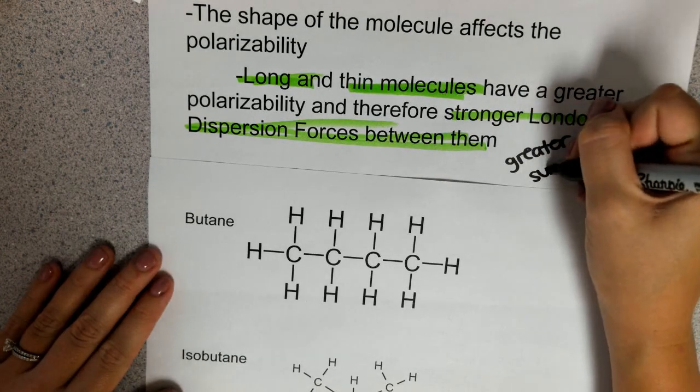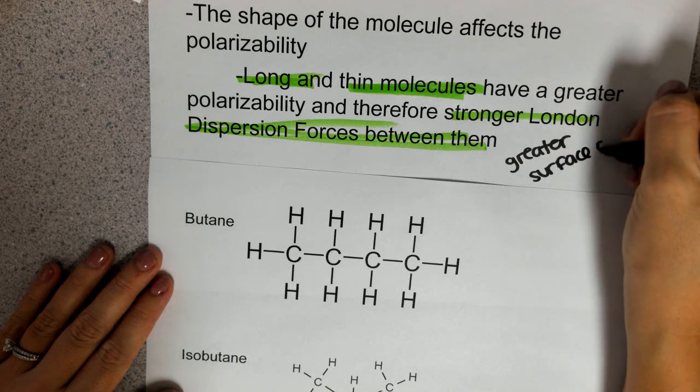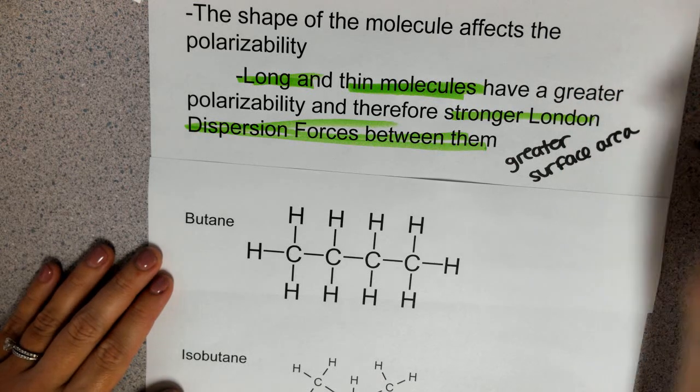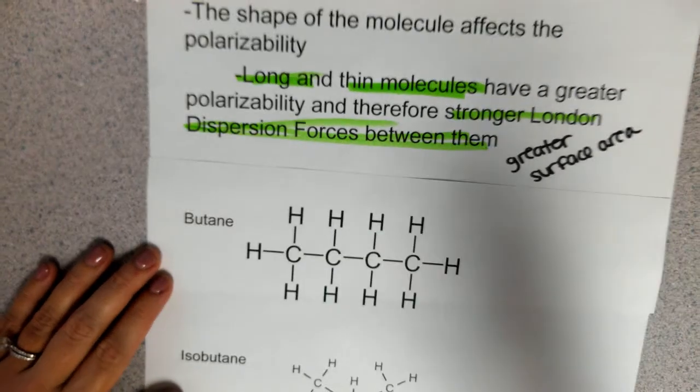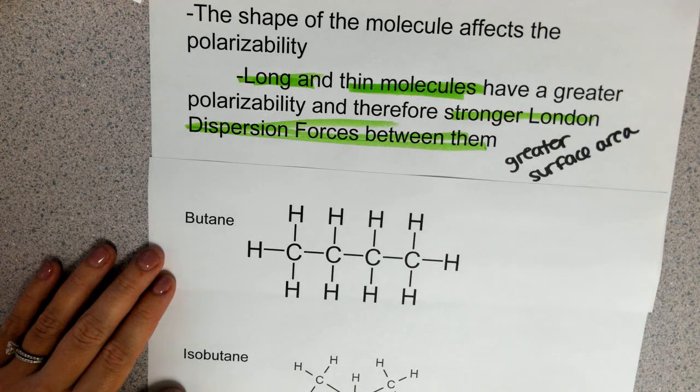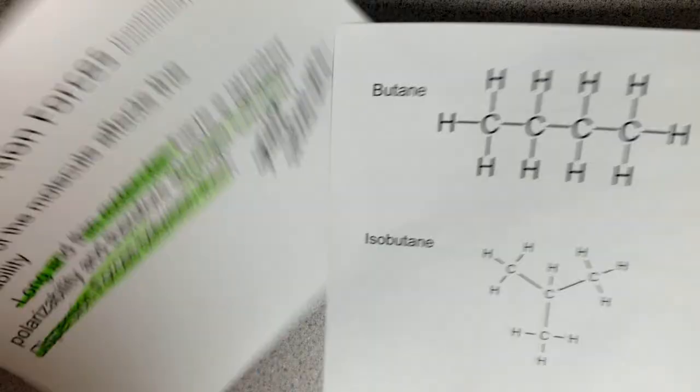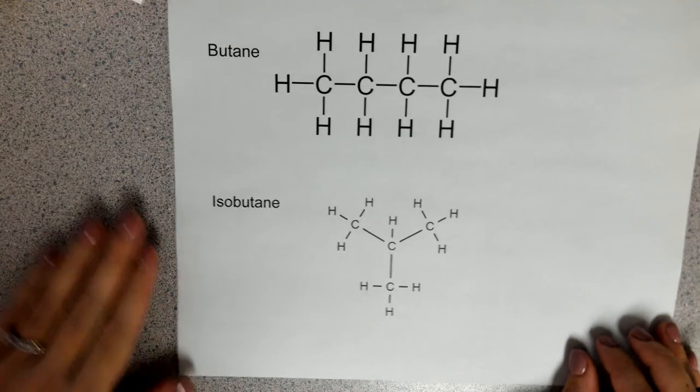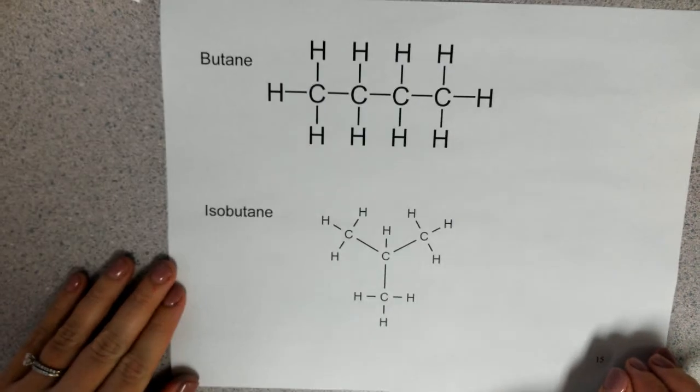And if there's greater surface area, then there are stronger LDFs, because there's more space for electrons to move around and induce dipoles. This picture has butane and isobutane.